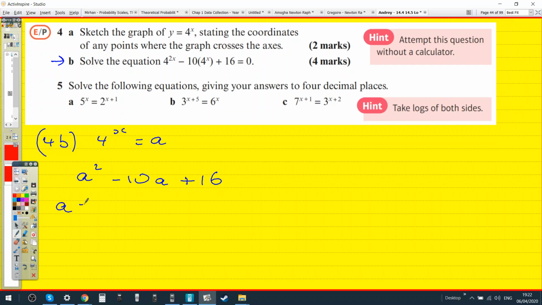And then do I need to do, so a is equal to 4 to the power of x, or 2 is equal to 4 to the power of x.